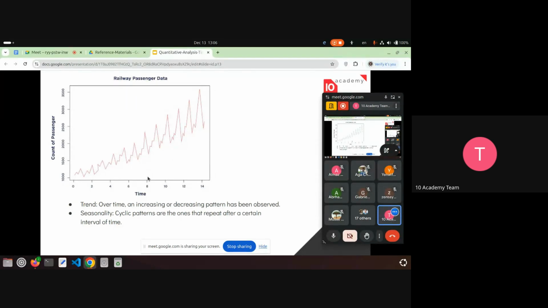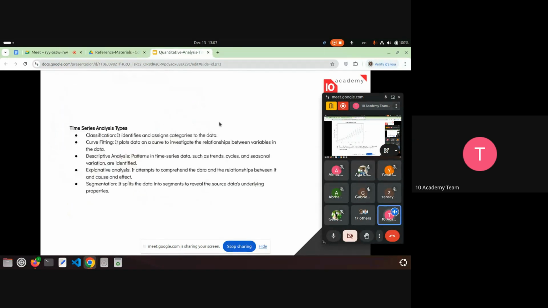When you are looking at time series data, you can isolate this trend and this pattern, so you can see the difference between a trend and a seasonality in your data. Of course, the easiest way to see this is to plot it, like a line plot like this one, which makes it easier to observe. Of course, there are also things that you can compute to measure this.